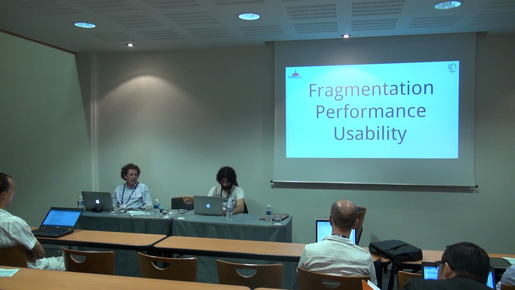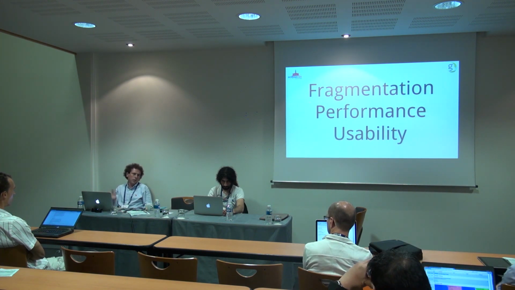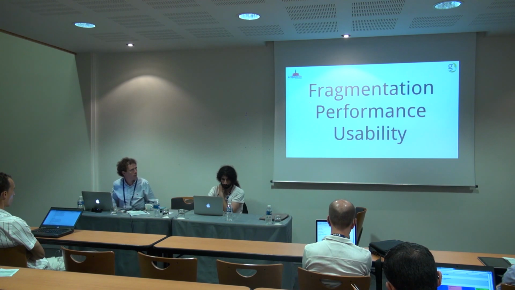You have problems with fragmentation in the hardware and in the software. With the software, you have different platforms with different languages. If you want to do something in iOS, you need to do it in Objective-C. If you go to Android, you have Java. And if you go to the web or desktop, you have all other languages. Actually, you have a lot of problems with fragmentation.